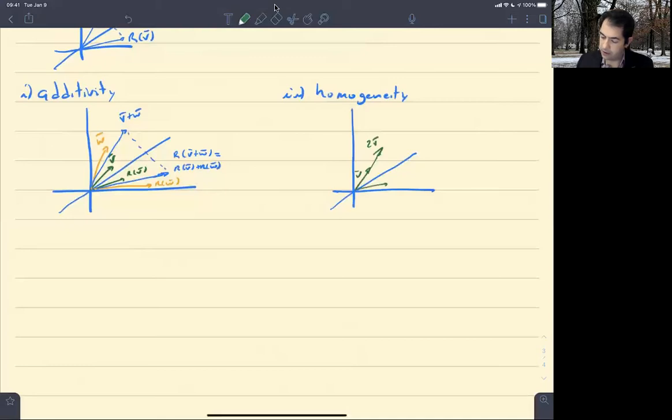So let's say that that's R of v. So then if you do 2 times R of v, you get something like this. On the other hand, if you do R of 2v, then this is exactly what you get. So these are equal, and that's the property of homogeneity.